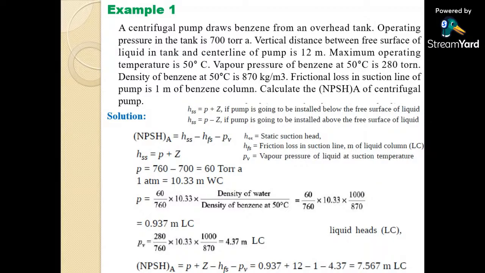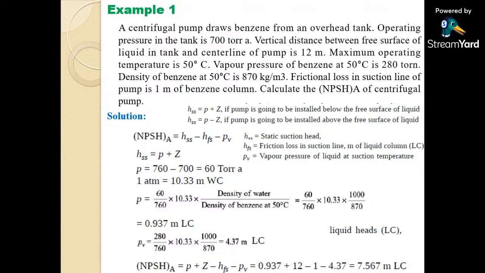Okay, one point is clear. या HSS च्या इक्वेशन मध्ये P and Z two parameters are required. P is provided, Z is also given. It is 12 meter of liquid column. Okay. How many equations have we got here? Although the problem statement looks very simple, we know that to solve equation 1, we need equation 2, because this parameter in turn depends upon other parameters or variables.